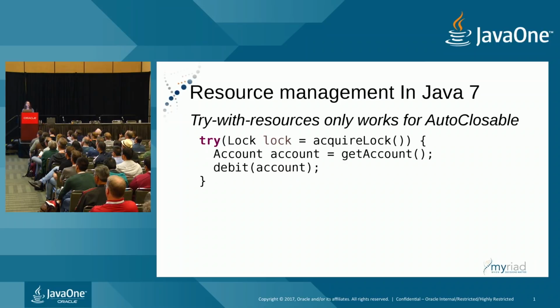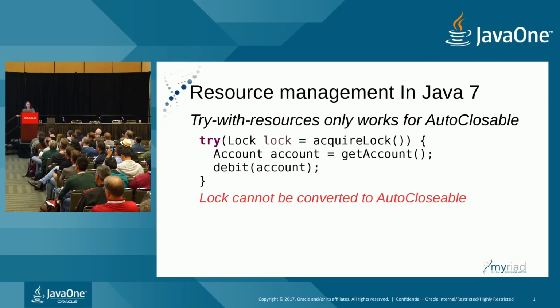So for example, if I want to use it for managing a lock, I'm dealing with some bank account and I need to make sure that I'm exclusively accessing it while I mess with it, and I say, hey, let's use try-with-resources for this, and I'm told that Lock cannot be converted to AutoCloseable, which means that this language feature that was introduced to help doesn't help me. And so I'm sad.